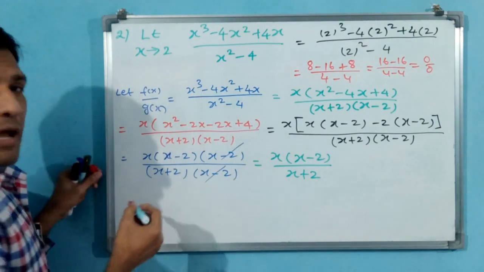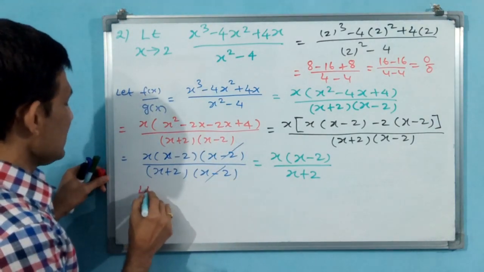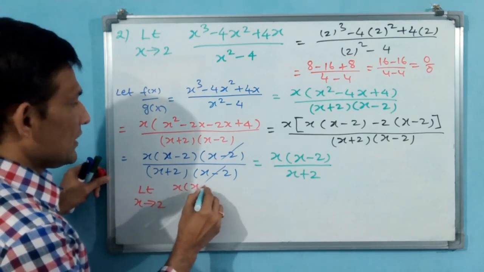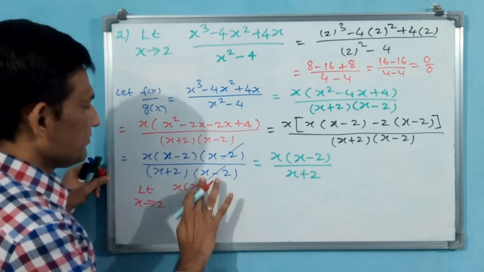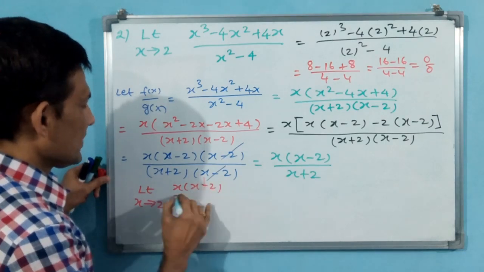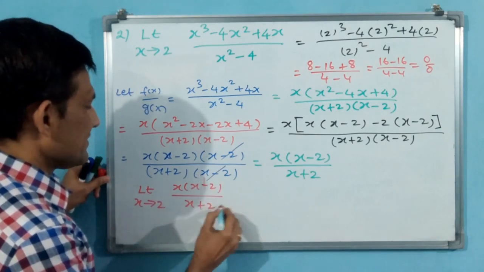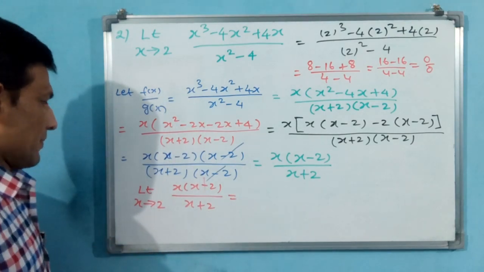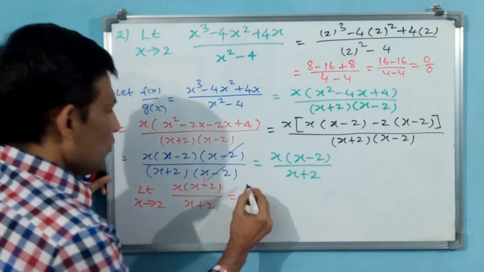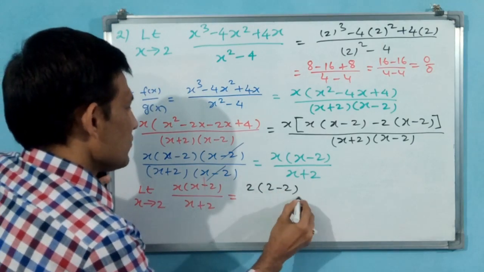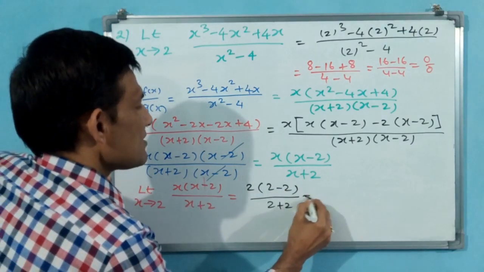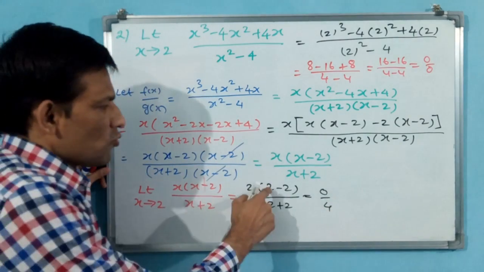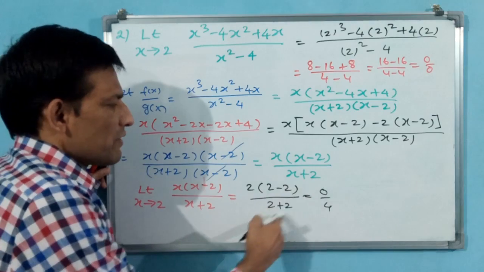Limit x tends to 2 of x into x minus 2 divided by x plus 2 equals 2 into 2 minus 2 divided by 2 plus 2, which is 0 by 4. Why 0? 2 minus 2 is 0, 0 into 2 is 0, 0 divided by 4.